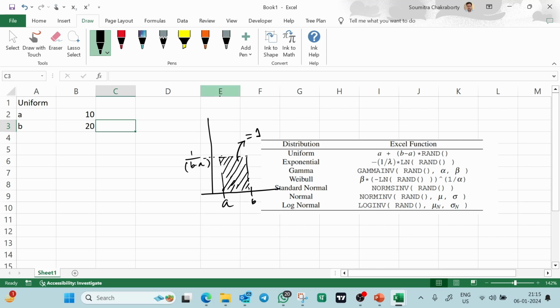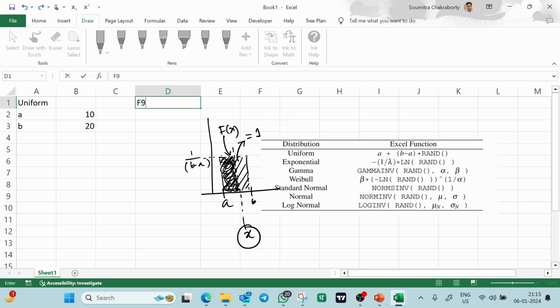Now, in the simulation process, what we are doing is we are just identifying some fx value. Suppose this particular portion of the curve. So this is your fx value, right? And correspondingly, we are trying to find this x value. So what is your fx value now?